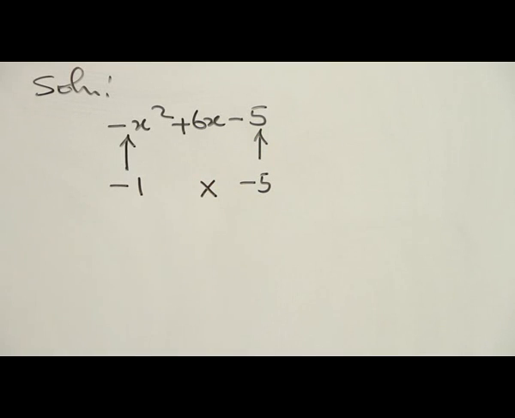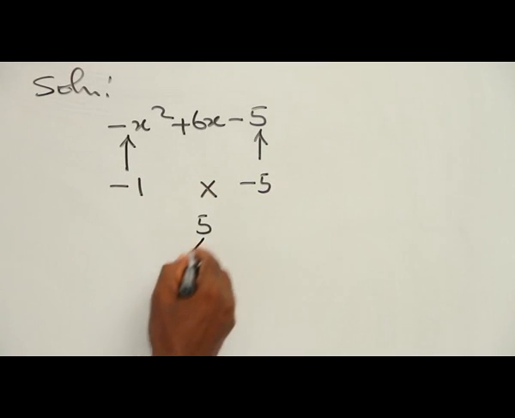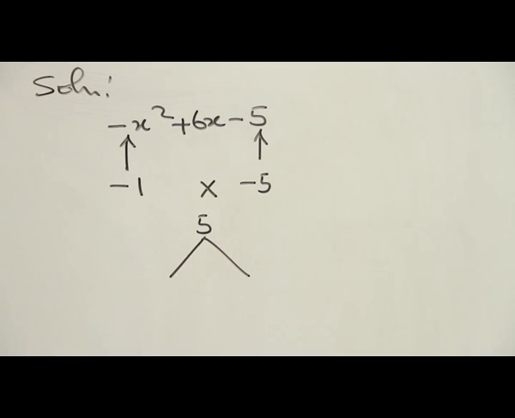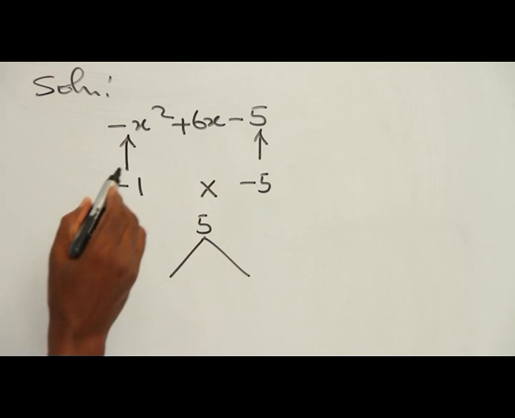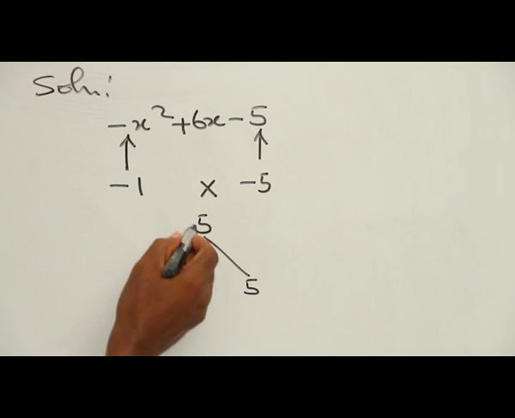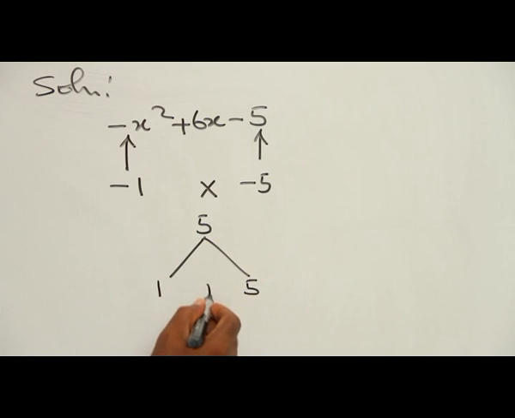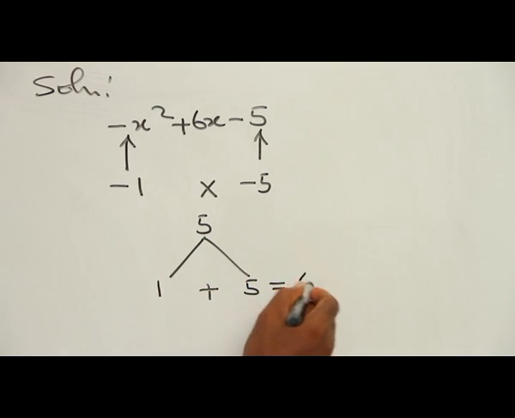And if you find their product, it will give you the plus 5. Then we'll find the two factors of 5. When you add them, they will give you plus 6. So 1 and 5. 1 can divide 5, 5 can divide 5, 1. 1 plus 5 is equal to 6.